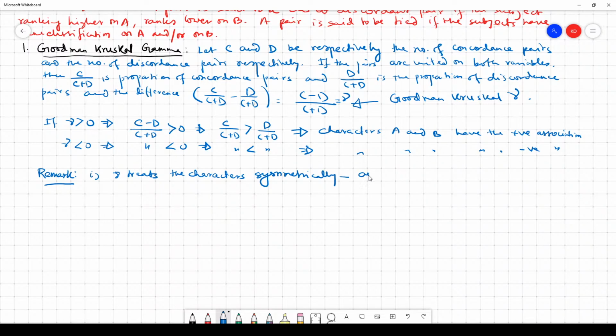That is, any one of them can be taken as response variable. And this gamma lies between +1 and -1. You can easily verify it from this value C minus D by C plus D. This is your homework.